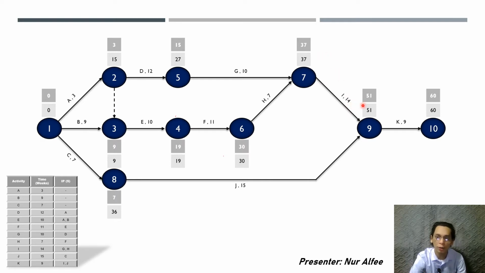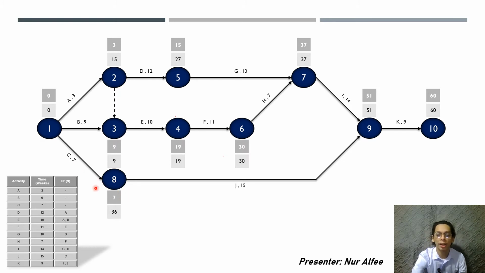Are you sure about that? No, I'm not sure about that. As you can see, there are two connections from activity I and activity J. So let's move down. For activity C, we have 7 weeks, so the EET for event 8 is 7.